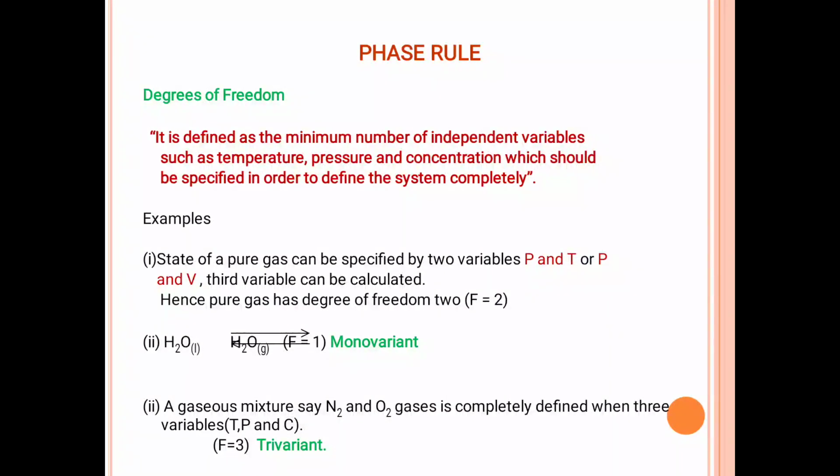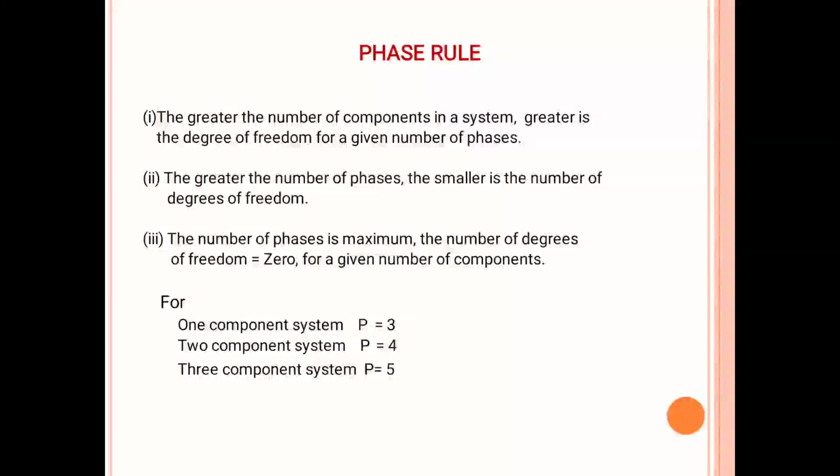A gaseous mixture containing nitrogen and oxygen is completely defined when three variables are given. So here the system is said to be trivariant, that is F = 3.